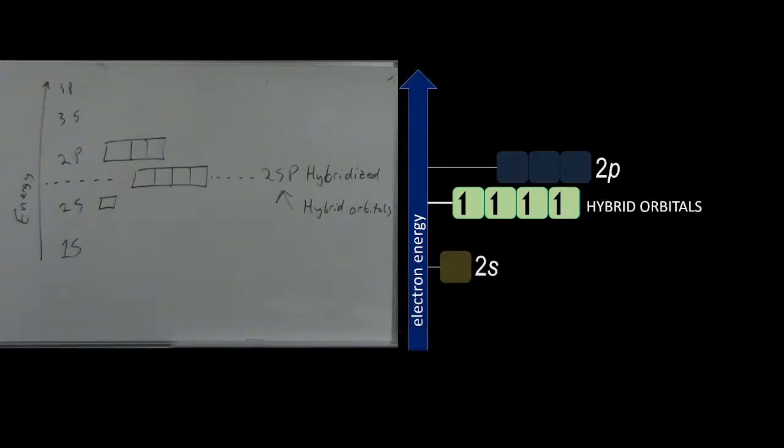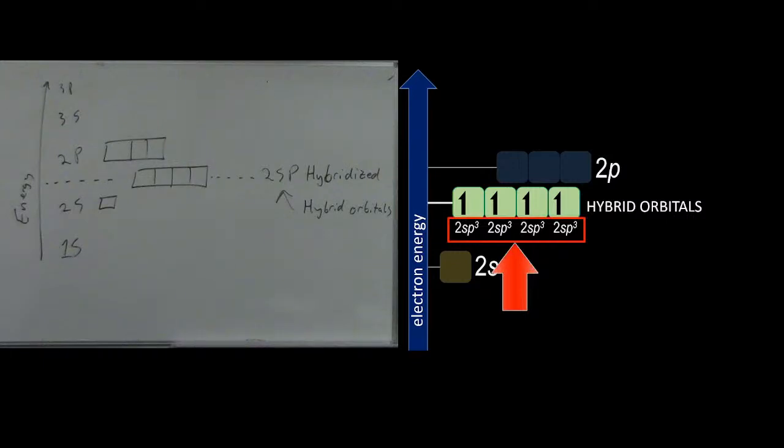Or you can think of it as a blending or hybridization of the 2 energies, the s and p energies. And since the energies of these electrons have now changed, the shape of the orbitals they occupy are different as well, which we will see momentarily, and those are called hybrid orbitals.